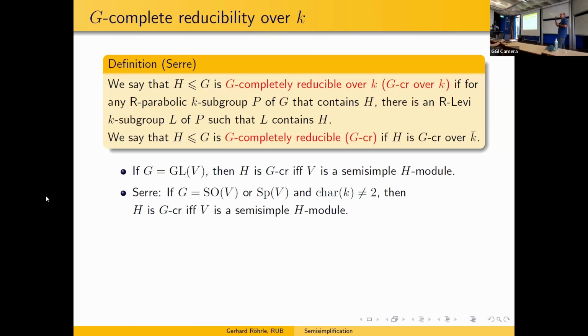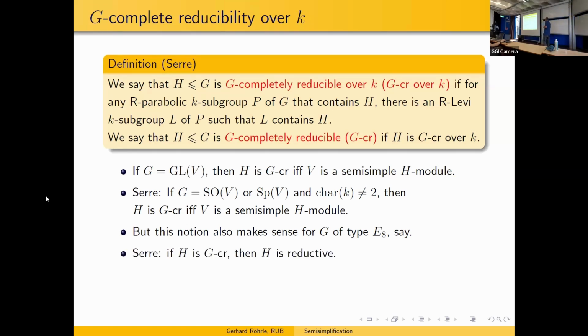In that sense, if it lives in a parabolic, it actually lives in a Levi. So that's a faithful generalization of the notion of semisimplicity from representation theory. But of course, this also makes sense for non-classical groups. That was the idea: I can talk about when a subgroup H is G-completely reducible. This is purely phrased now in terms of the subgroup structure of the group G.